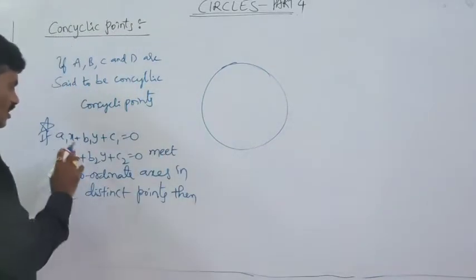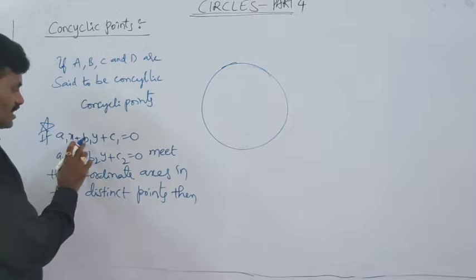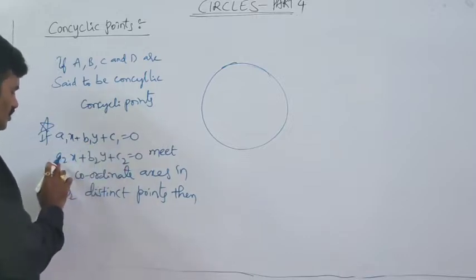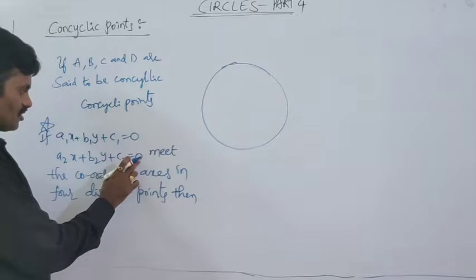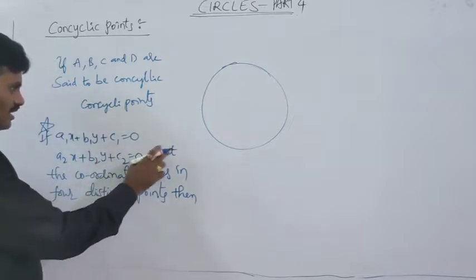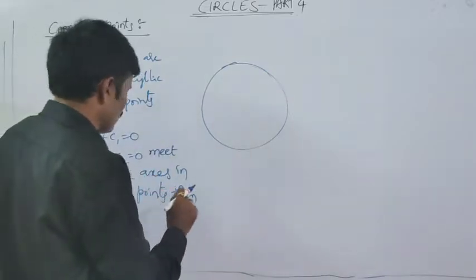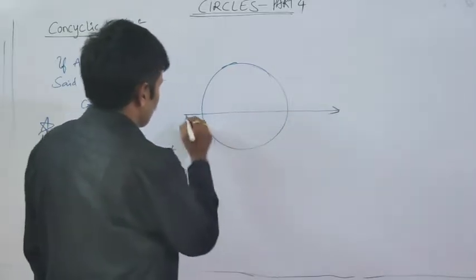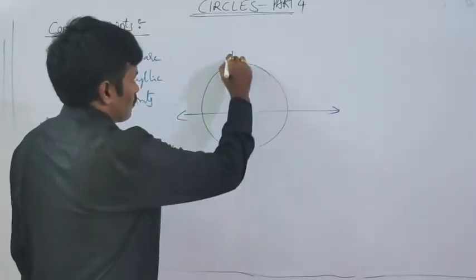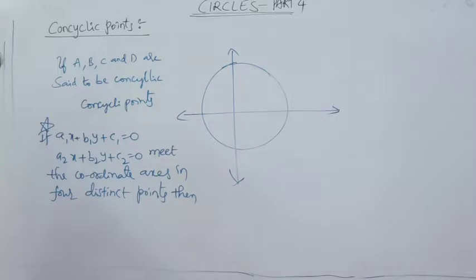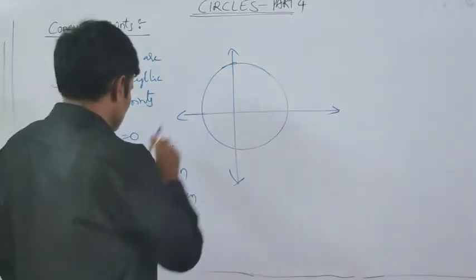Now, here a1x plus b1y plus c1 is equal to 0, and a2x plus b2y plus c2 is equal to 0 are the two lines. These two lines meet the coordinate axes in 4 distinct points. See, these are the coordinate axes, and these two lines are meeting them.